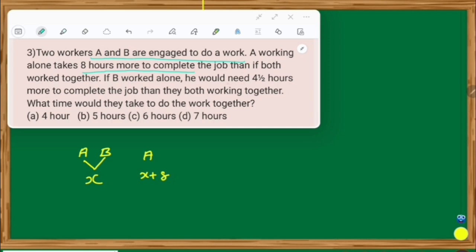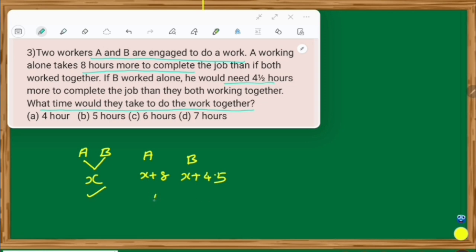B alone takes 4.5 hours more than their combined work. Therefore, B alone can do the work in X plus 4.5 hours. So what do we want to calculate? We want to calculate what time they would take to do the work together. So we want to calculate the value of X.